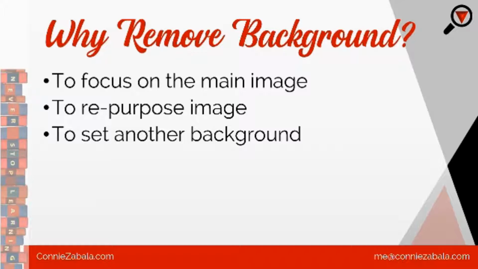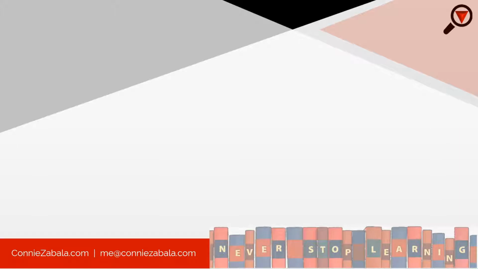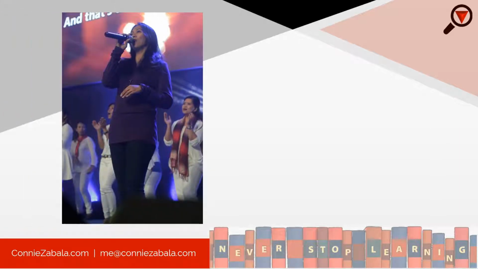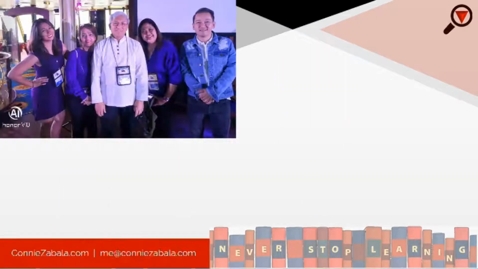So I'm sharing this tool with you. Before we go to the tool, let me give you an example of what I'm talking about when it comes to removing the background. From here to this, all right, so we were able to remove the other people behind. Let me give you another example. For example, we are a group of people like this. We want to remove the background behind us.